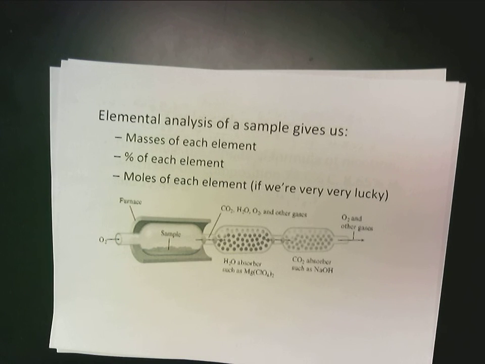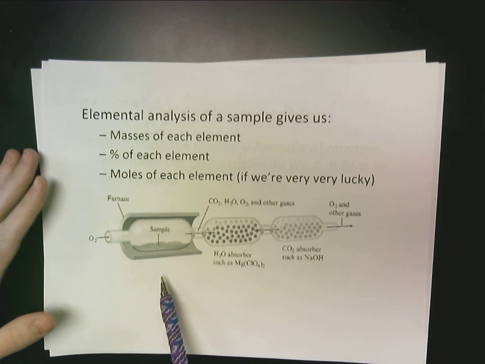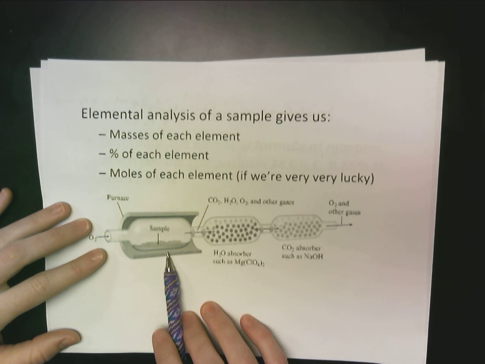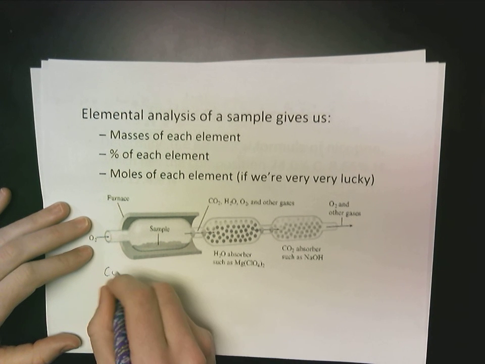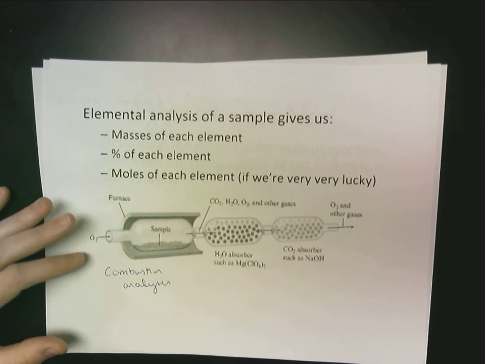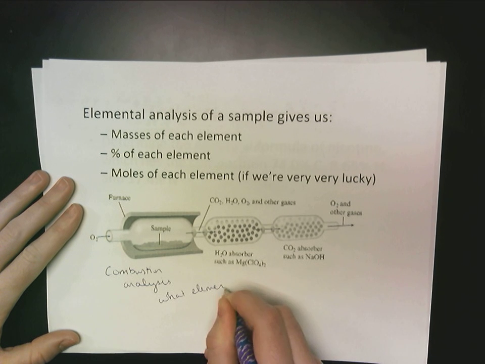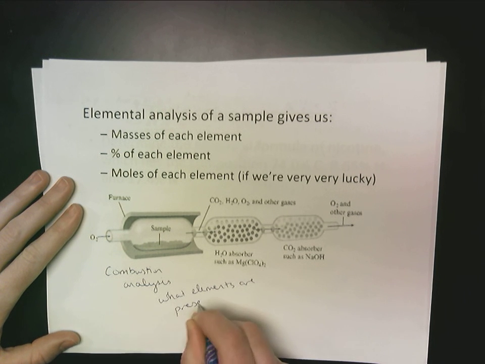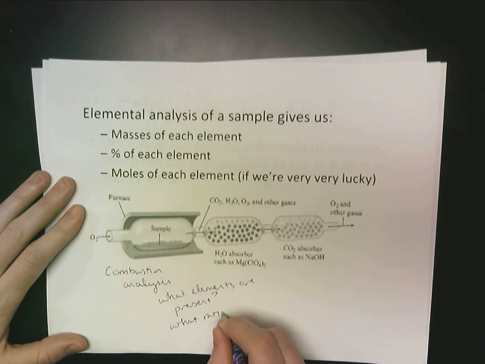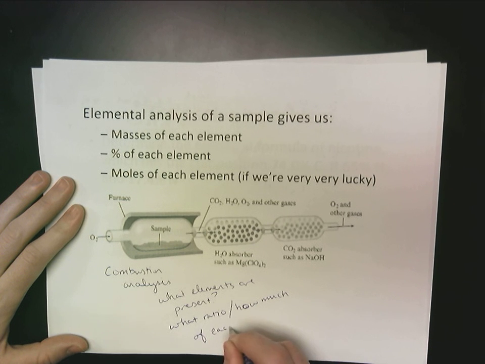Okay. Well, why do we care about all of this? Because this is actually all part of how we characterize things to begin with. So if we have some sample and we don't know what it is, we might use something called combustion analysis to figure out what elements are present, and also to figure out how much of each element we have.